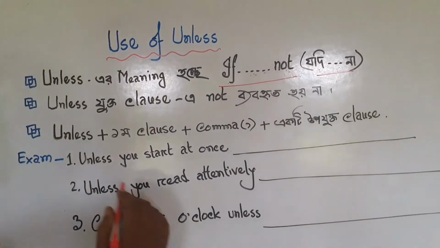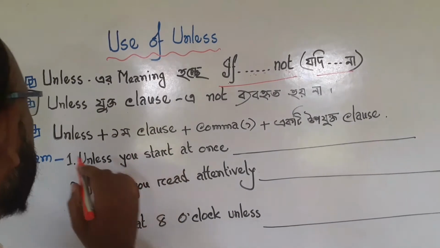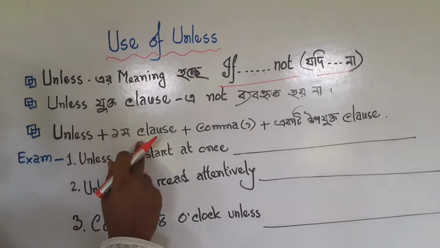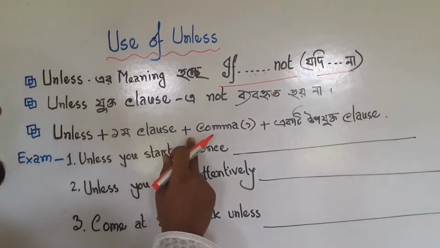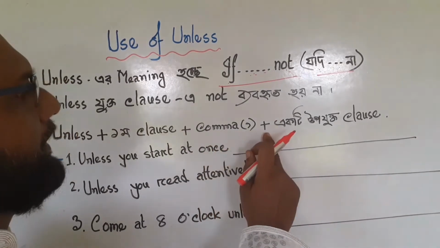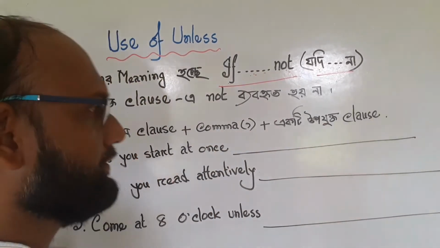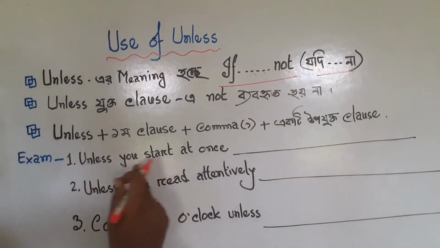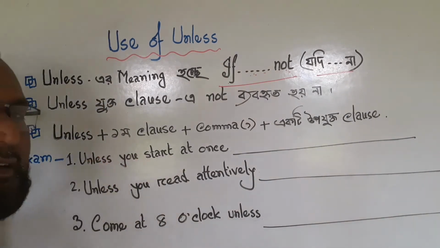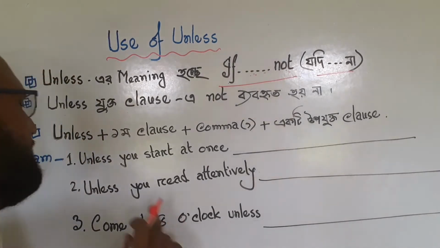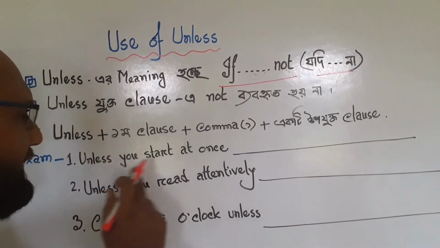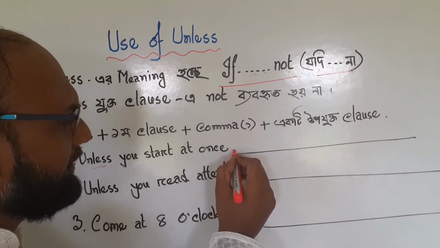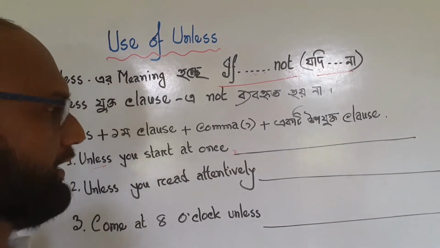Look at this here. I have written a structure here. At first, unless plus first clause or first sentence, plus a comma, plus a suitable clause. Here, at the beginning of the sentence sits unless. If unless sits at the beginning of the sentence, we will use a comma between the two sentences.